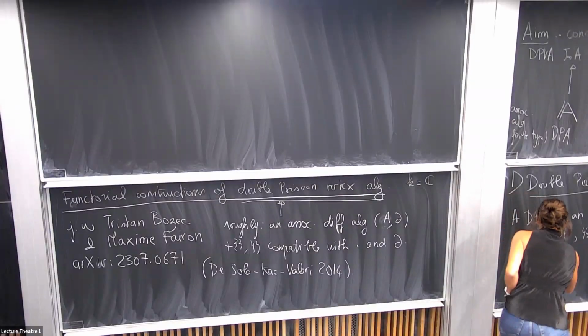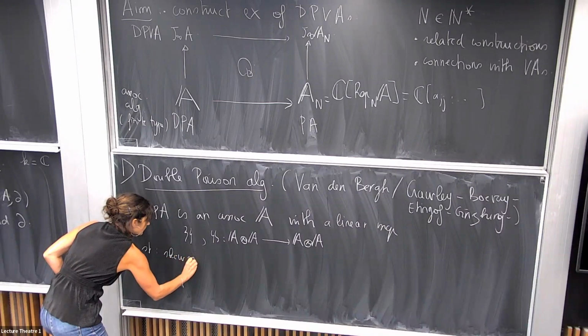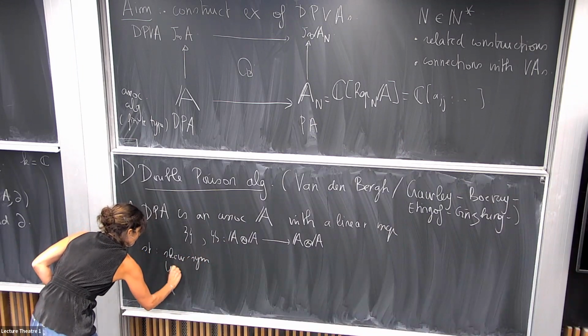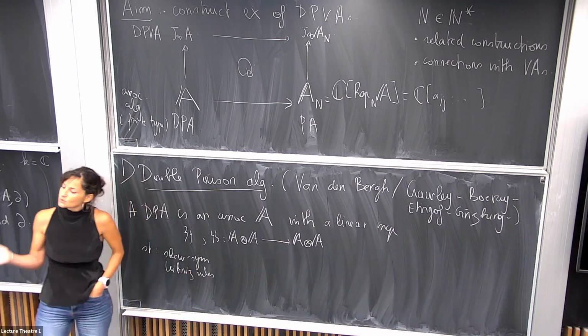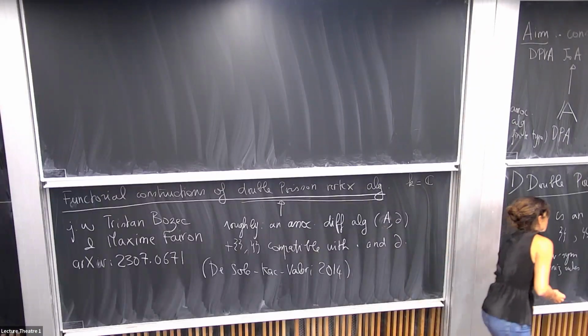In particular, you have skew symmetry, Leibniz rules, where because of the non-commutativity you have to specify left and right, and the Jacobi identity.